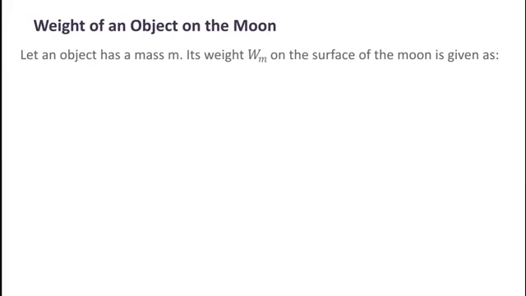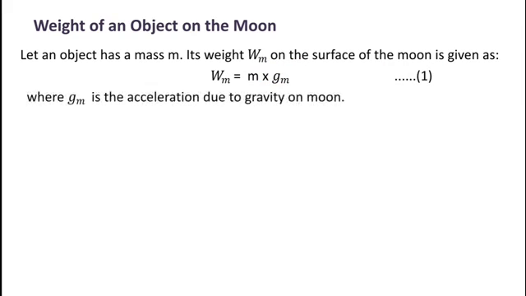Let us suppose that there is an object of mass small m, then its weight Wm on the surface of the moon is given by Wm is equal to the mass of the object into the acceleration due to gravity on the surface of the moon, that is Gm. Let us say this is equation number 1. Here Gm is the acceleration due to gravity on the moon.